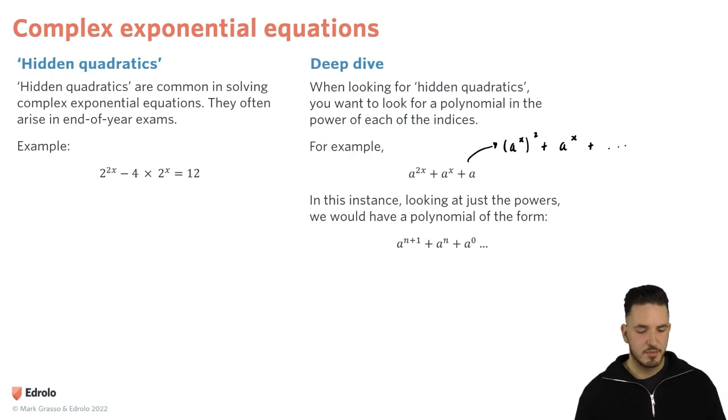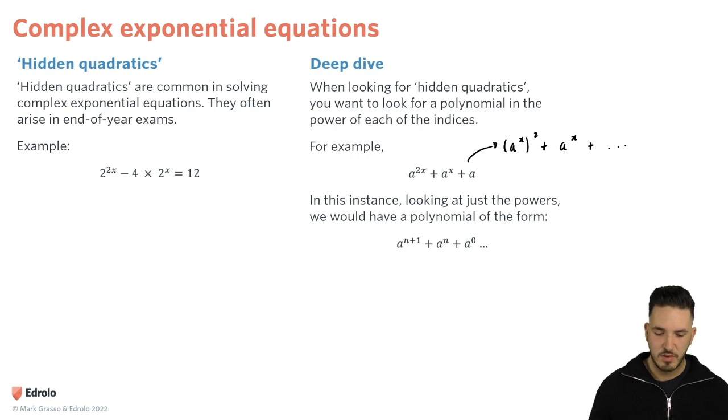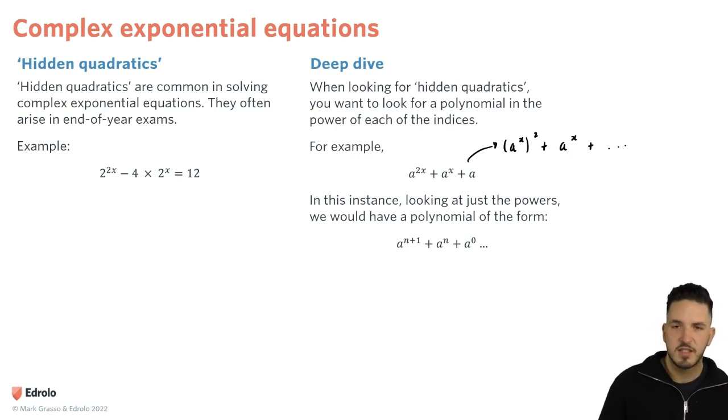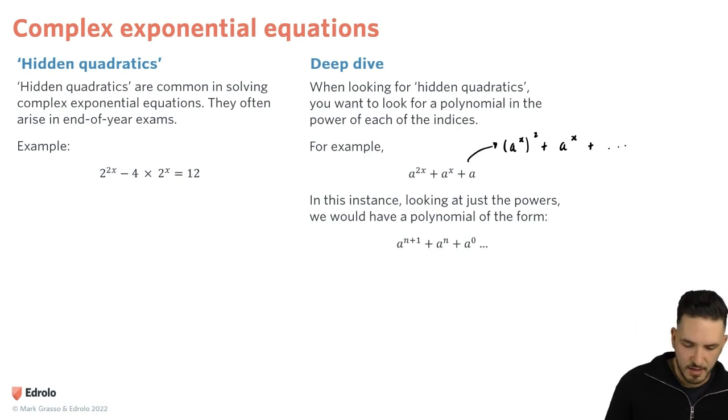So let's look at this example: 2 to the power of 2x minus 4 times 2 to the power of x equals 12. I'm just going to rewrite this first term, similar to what I did with the a to the power of 2x on the right-hand side of the screen. So this is simply 2 to the power of x, squared, minus 4 times 2 to the x equals 12.